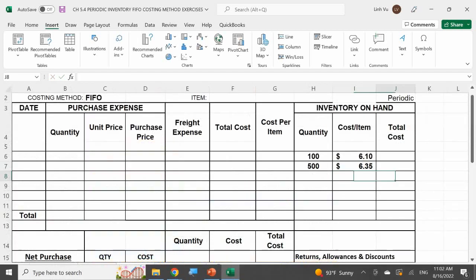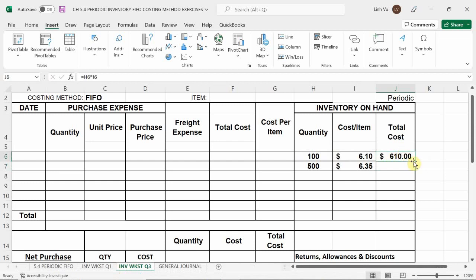Okay, so I'm going to go ahead and have those calculations done here. So again, we have $6.10 from the top, and then we have 500, or in this case, 3,175 here on the 500 batch of inventory, right?